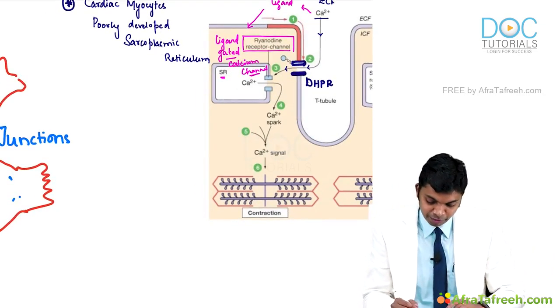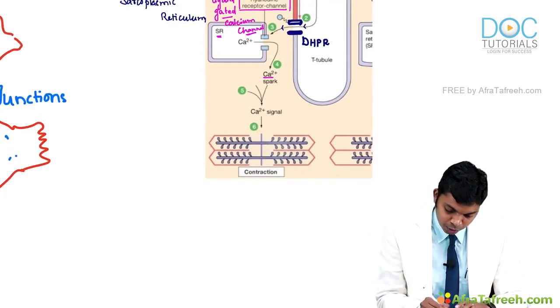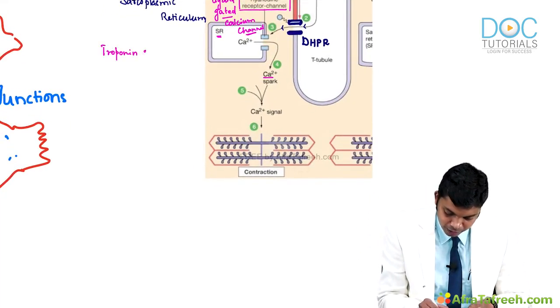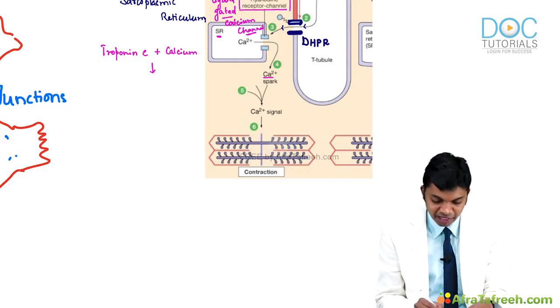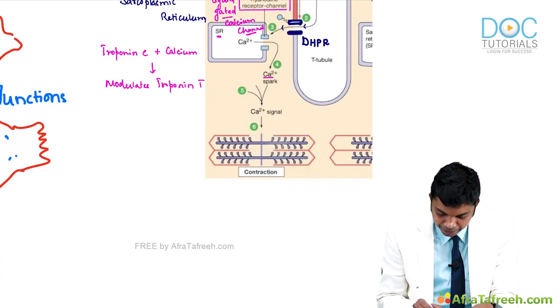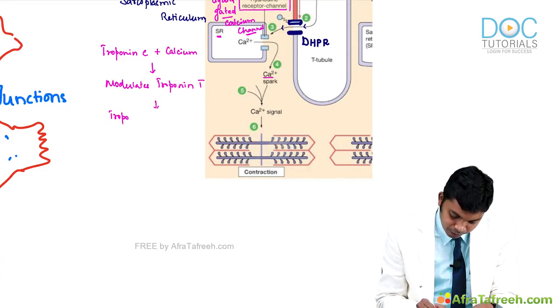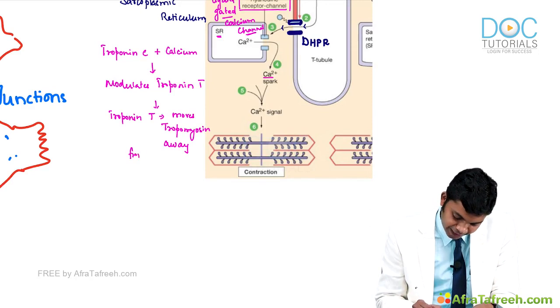This calcium, the moment it enters the cytoplasm, goes and binds with a protein called troponin C. Troponin C binds with calcium. This makes troponin C undergo modification, so this modulates troponin T. Thereby, troponin T moves tropomyosin away from the binding sites.